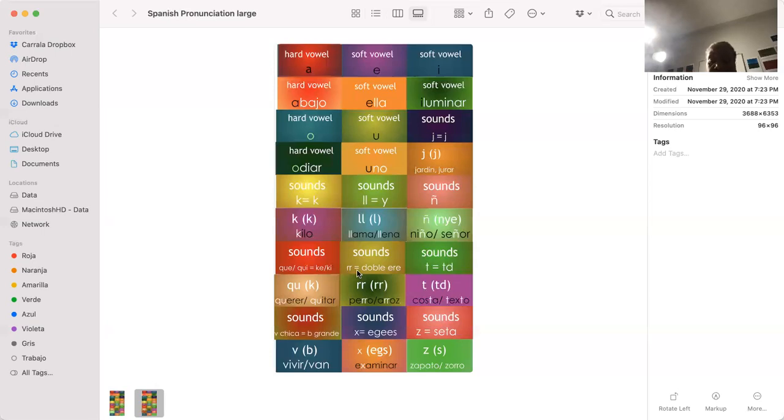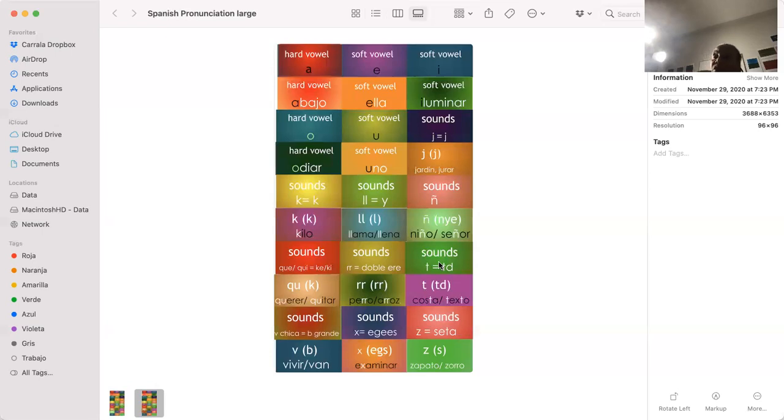Okay, the T in Spanish, the ending of the word, it's not as strong as it is in English. It's more like a soft t. So it's costa, not costa with a strong T, or texto.